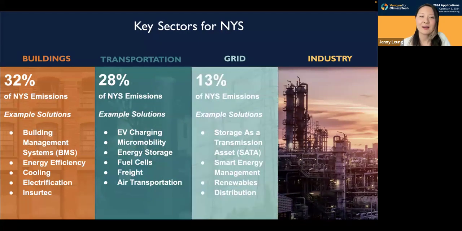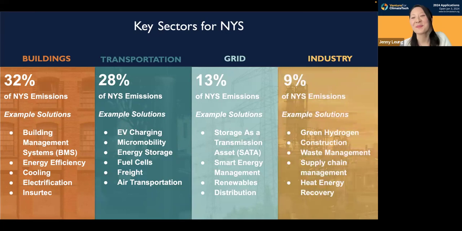Under grid, which makes up 13% of New York State's emissions, we're looking at storage as a transmission asset, smart energy management, renewables, and distribution. And under industry, just a little bit of a catch-all, 9% of New York State's emissions, we're looking at things like green hydrogen, construction, waste management, supply chain management, heat energy recovery.